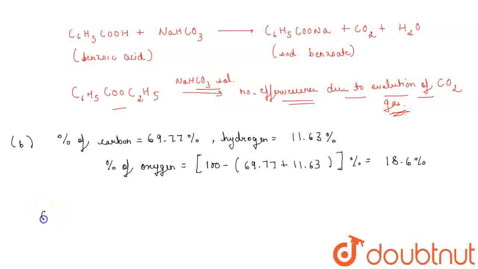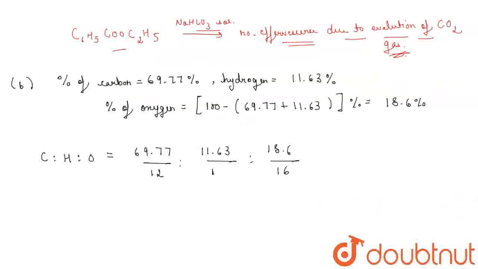Now the ratio of the number of carbon, hydrogen and oxygen atoms in the organic compound can be given as C : H : O equal to 69.77 divided by 12 : 11.63 divided by 1 : 18.6 divided by 16.